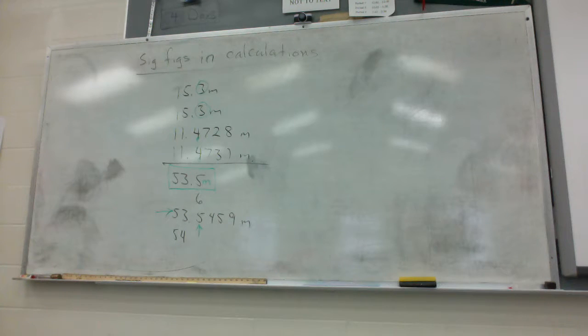Yeah, I'll do it again. For multiplication and division, the answer is rounded to the same number of significant digits as the measurement with the fewest significant digits.